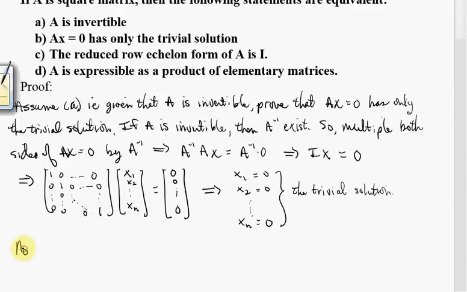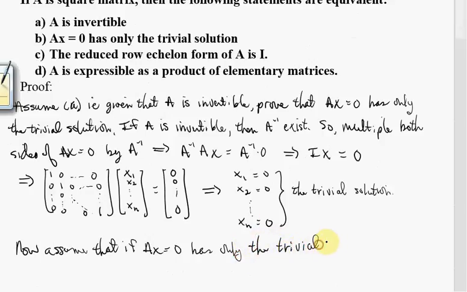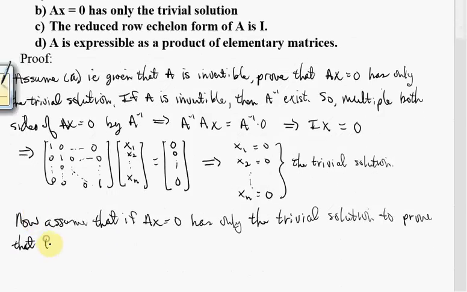So here, now assume that AX equal to 0 has only the trivial solution to prove that the reduced row echelon form of A is indeed the identity.